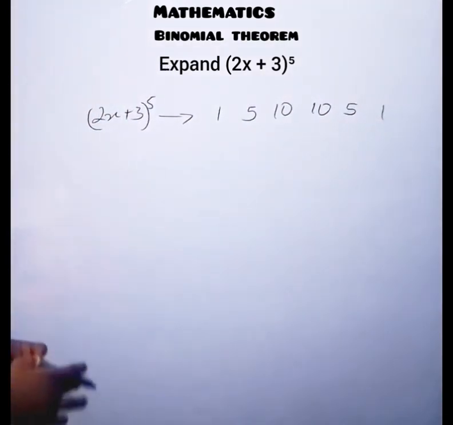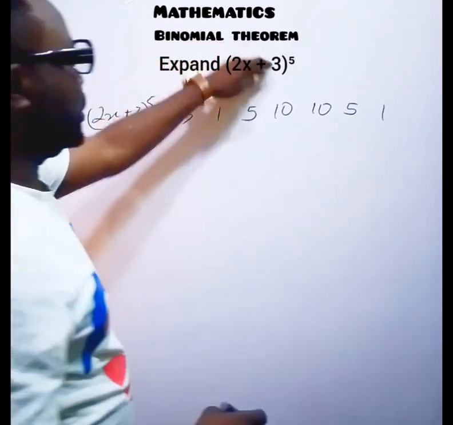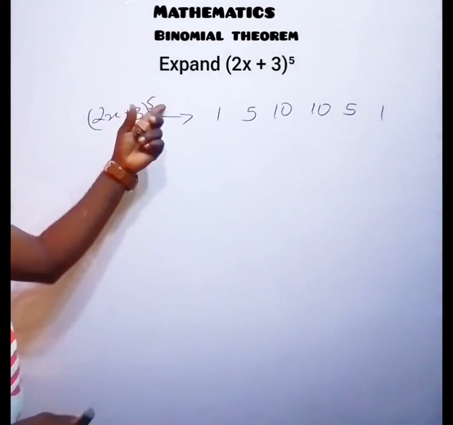If you draw your Pascal triangle, this is what you are going to get for the power of 5.